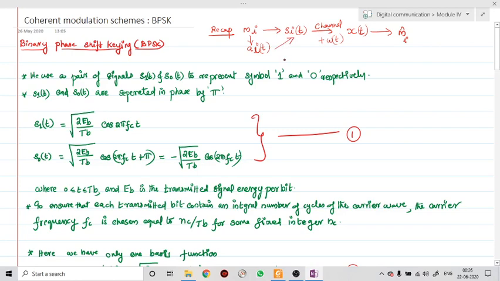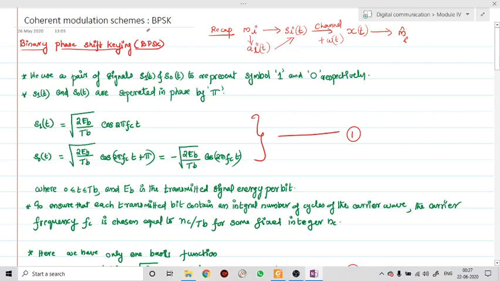And we have seen in the last class that we have two different schemes in the passband transmission model: coherent modulation and non-coherent modulation, where coherent needs the phase information for the demodulation, and in non-coherent we don't need the phase information for the demodulation.